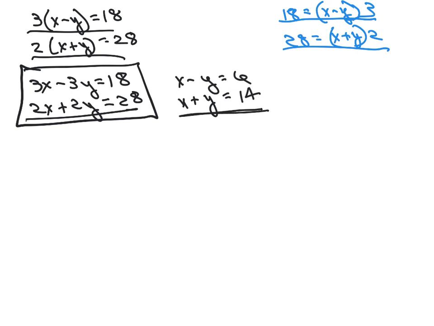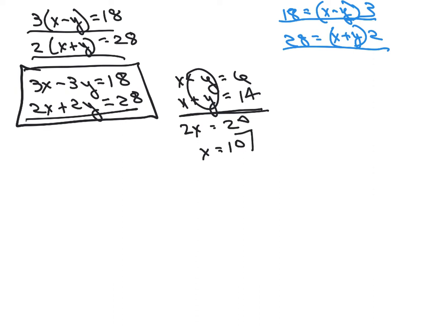Not really too bad. We add these up. The y's cancel, so x equals 10. In calm water, the boat goes 10 miles an hour. What do they want to know? The speed of the boat in still water, and the speed of the current of the river.